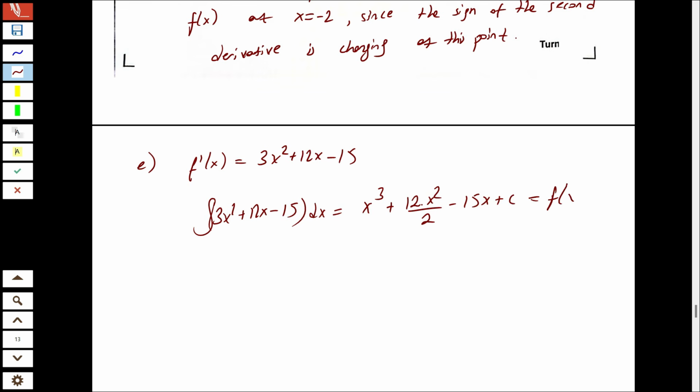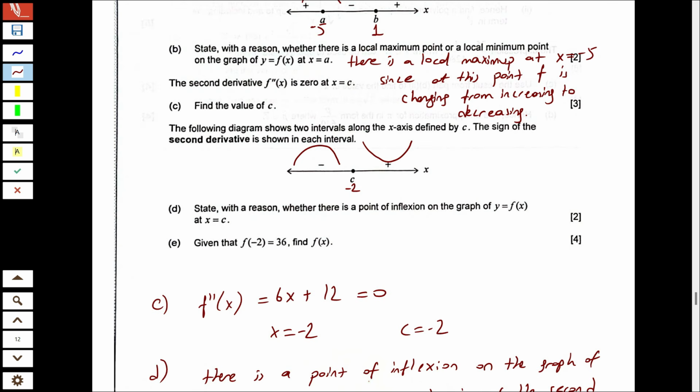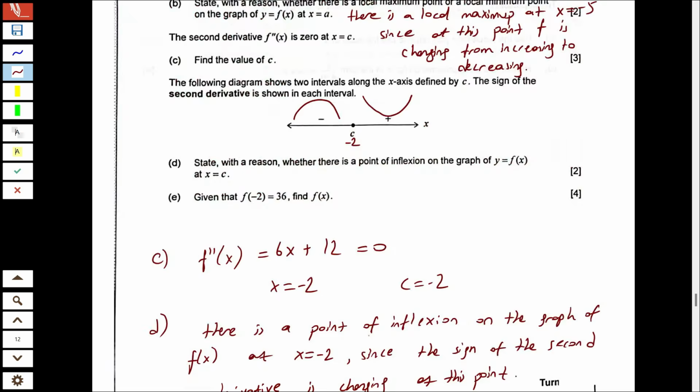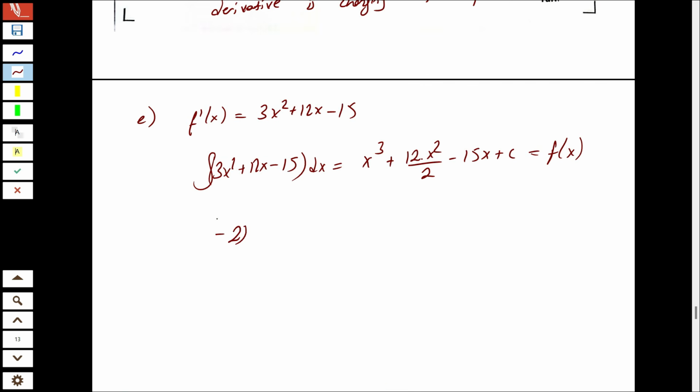Actually, it will give us the function f of x. And I know that at the point minus 2, the value is 36. So I will plug in minus 2 to the power of 3, plus we can cancel 2 in here, 6 times minus 2 squared, minus 15 times minus 2, plus c will be 36.